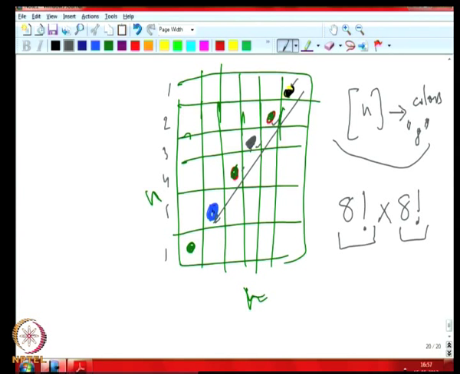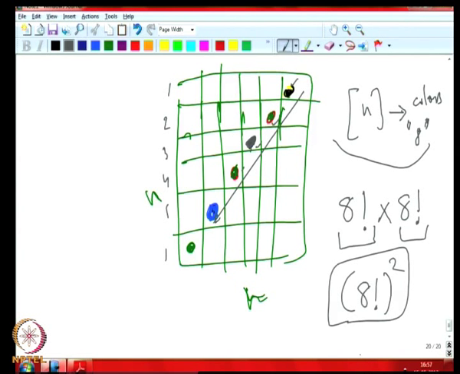So, f of 1 is a particular color, f of 2 is a particular color, f of i is a particular color. f of i means the color of the rook which appears on the ith row. There is only one rook on the ith row, and that can be any color, right. So, there are again 8 factorial ways. So, it is essentially 8 factorial squared possible arrangements.